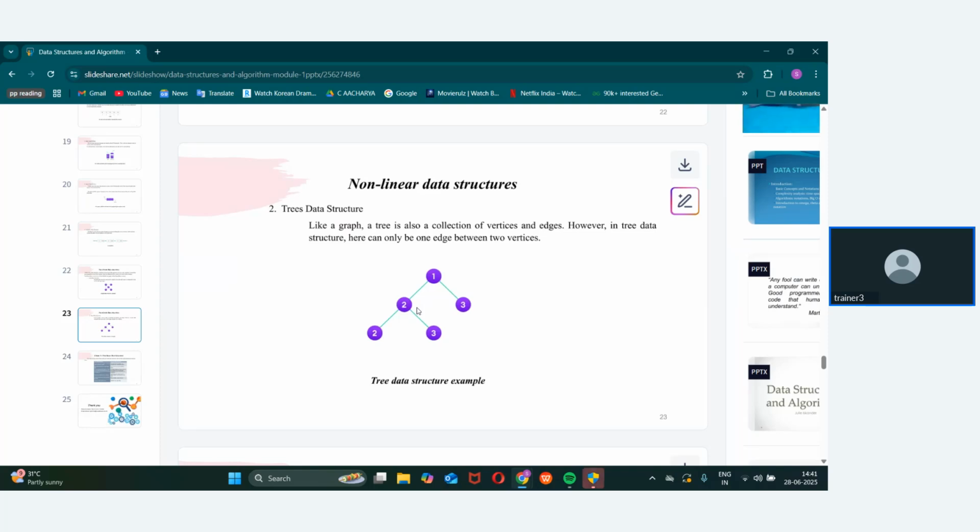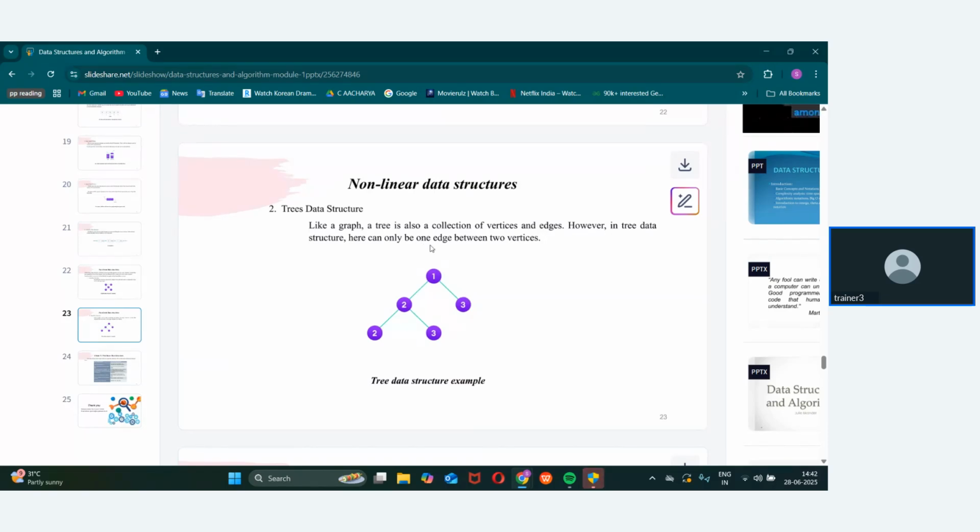Moving on to the next type of nonlinear data structure, we have tree data structure here. Similar to a graph, a tree is also a collection of nodes and edges. So coming to tree, the first node is always called the root node, and then these are referred to as branches, and the last nodes are referred to as leaf nodes when we deal with trees.